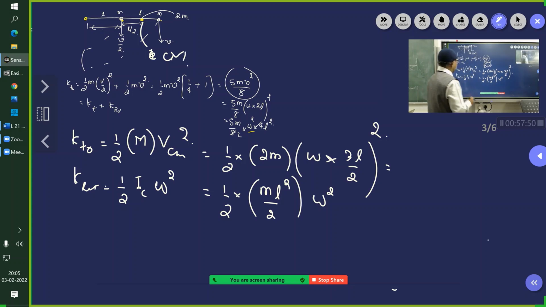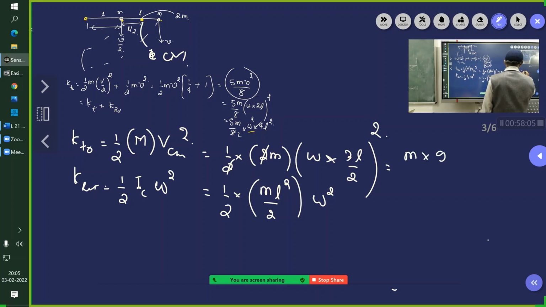So translational kinetic energy is this and rotational is this. Here half is there, so this two will go and you get m into 9 V square by 4, and l square by 4 omega square.